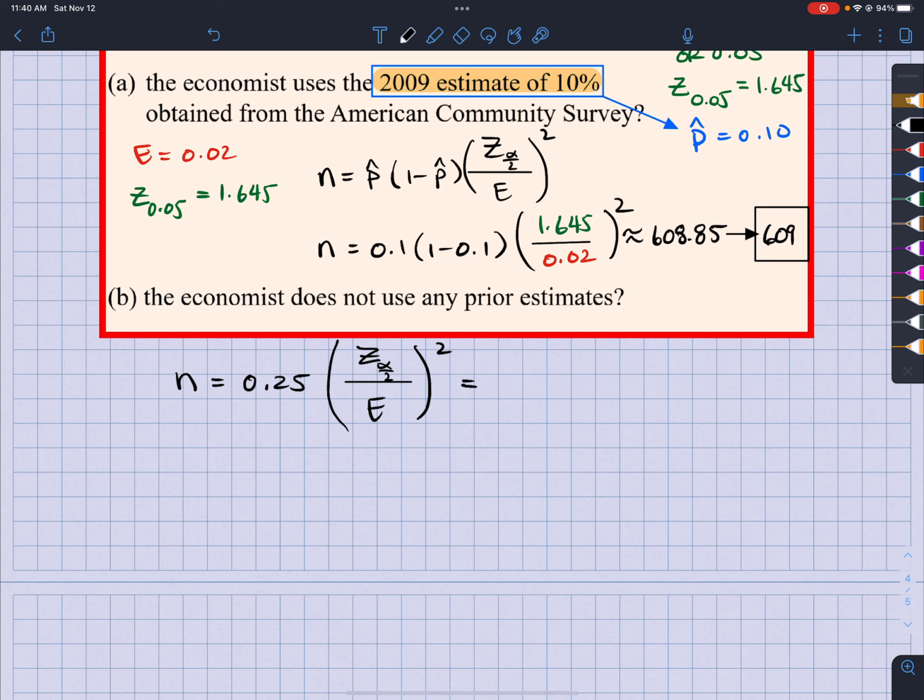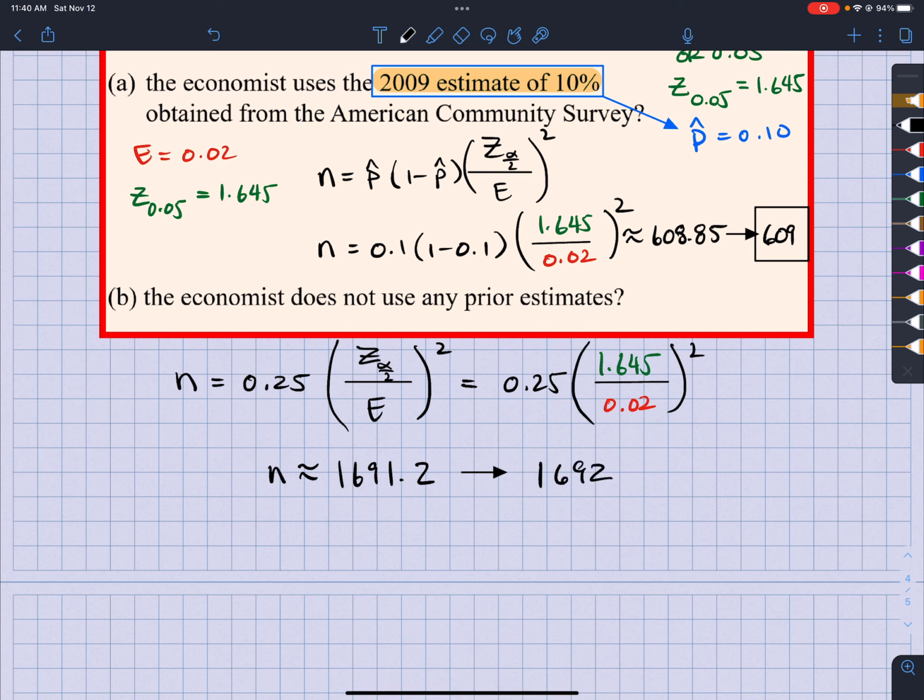So that's going to equal 0.25 times 1.645 divided by e, which is 0.02, squared. And this n is going to be approximately very large, 1691.2. So we're going to go ahead and round that to 1,692 for our n.